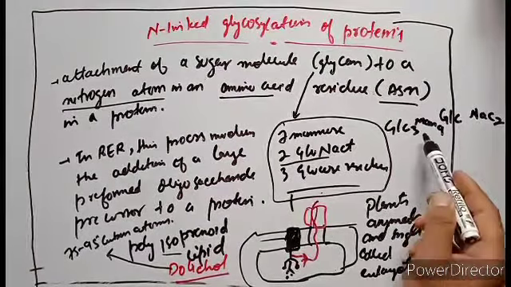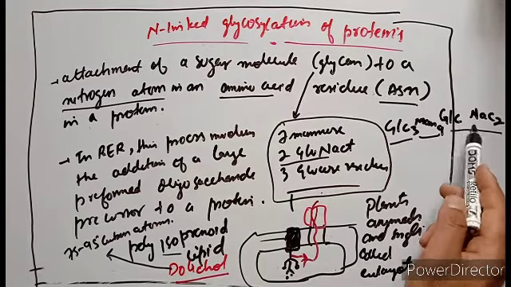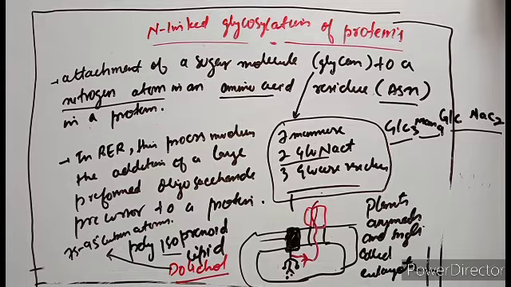So 9 molecules of mannose, 3 molecules of glucose and 2 molecules of N-acetyl glucose amine.